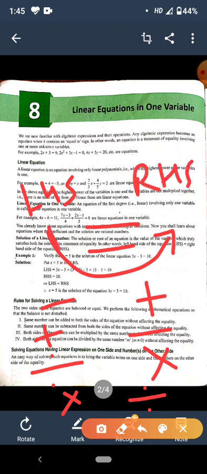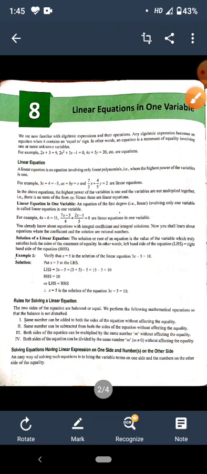If any number changes position from left to right, then if the sign is minus, it will become plus, if plus, it will become minus, if division, it will become multiply, and if multiply, it will become divide. Remember that variables will be added or subtracted with variables, and numbers will be added or subtracted with numbers.